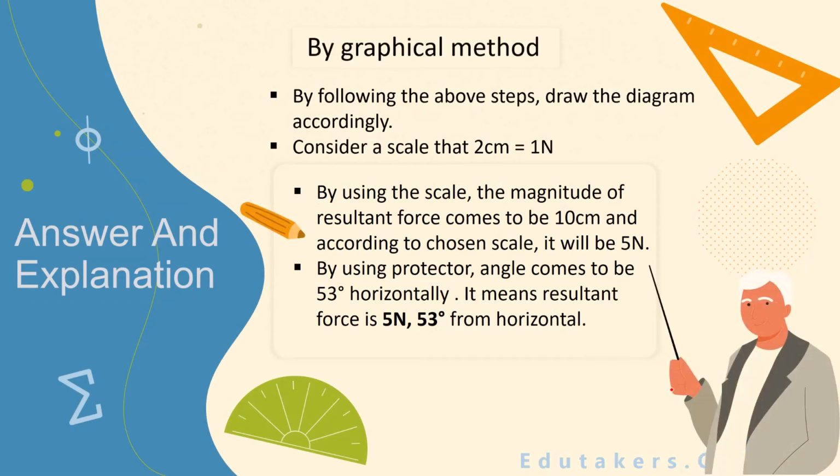So first of all, we are going to find out the length of the resultant vector by the graphical method. Here you have to follow the same steps. So here you can see, I draw the vectors to the appropriate scale. First of all, choose the scale. Here I suppose that 1 Newton is equal to 2 centimeter.